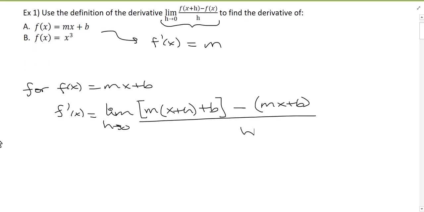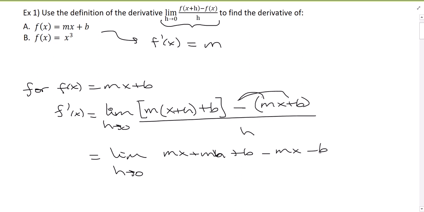And let's distribute. So I have the limit as h goes to 0 of mx plus mh plus b minus, distribute this negative in, so minus mx and then minus b. The whole thing divided by h. So let's combine like terms.